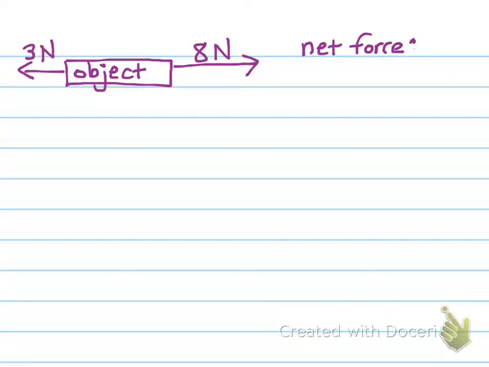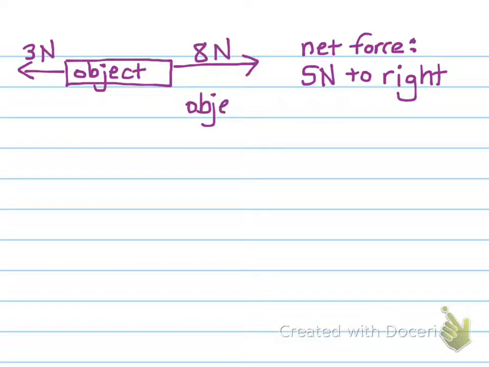It's going to be 5 newtons to the right, because my 8 newton force is my larger force and it's acting to the right. How would this object move? This object moves to the right because the net force is acting to the right.